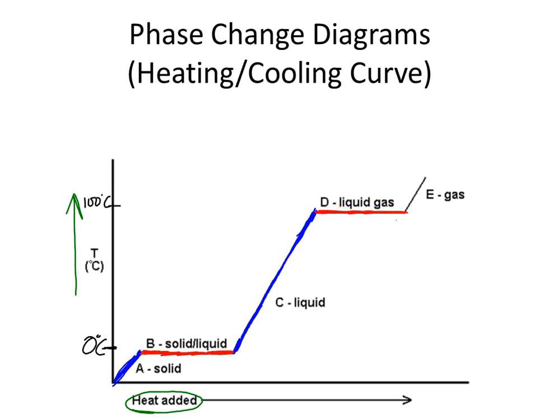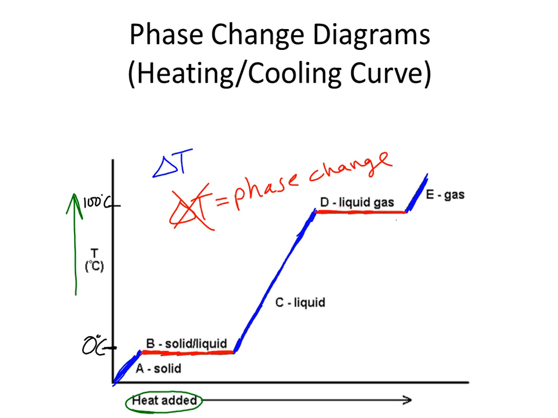Once all of the liquid has been converted into a gas, I go back to a temperature change when I increase heat. So with blue, I have temperature change. With red, I have no temperature change, which is equal to a phase change.